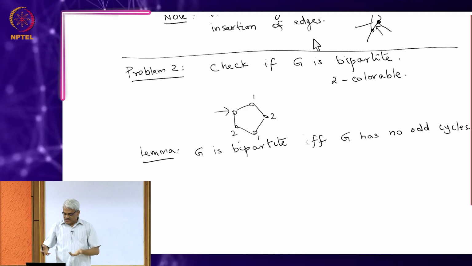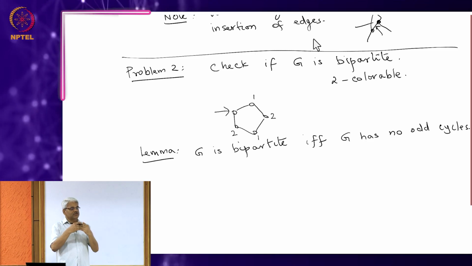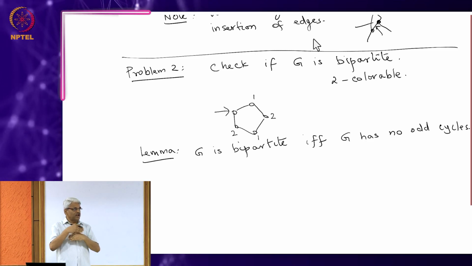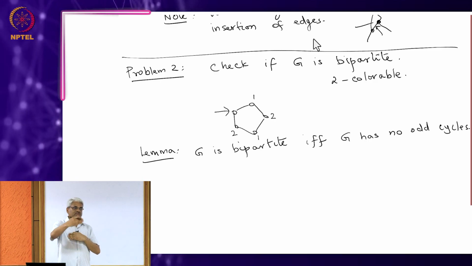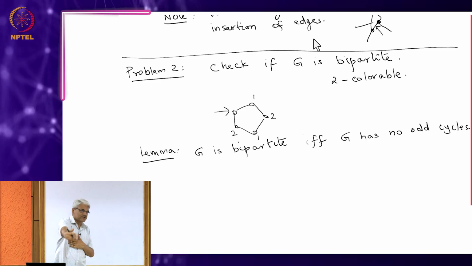Well, you can do a BFS, start from a vertex, color it 1, color all its neighbors 2, and the neighbors 1, neighbors 2, and so on.